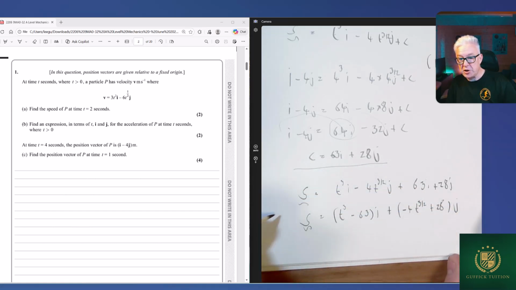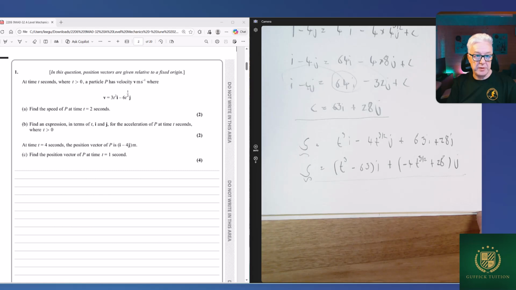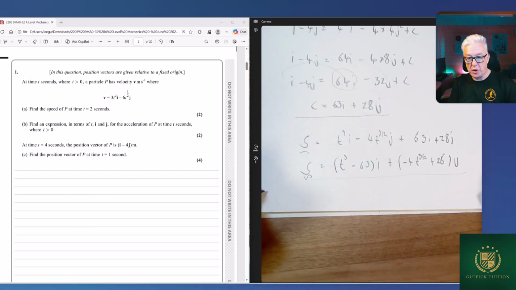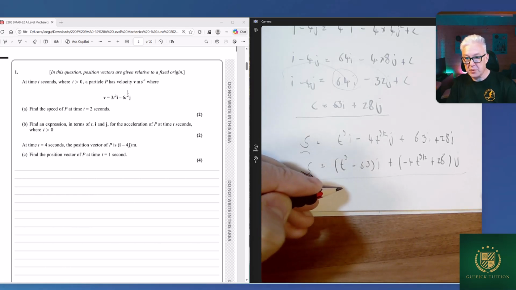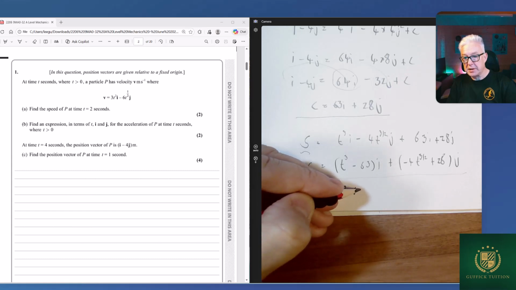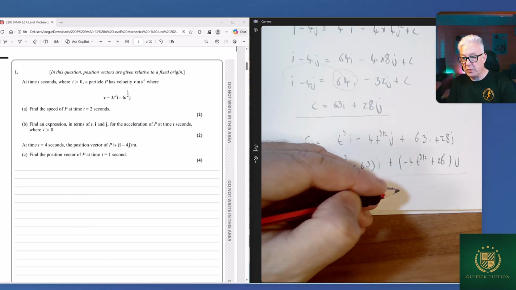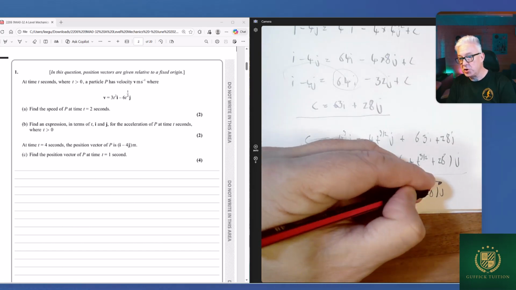So that's the equation that we're going to be using to find out where the object is at any given moment in time. And we're told to find out where it is when t equals 1. Okay, so we're going to sub in t equals 1 into here. So let's do that. So that's going to give us 1 cubed minus 63 i, plus 4 times 1 to the 3 over 2 plus 28 j, minus that.